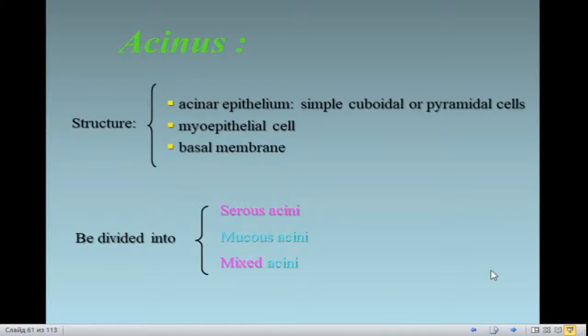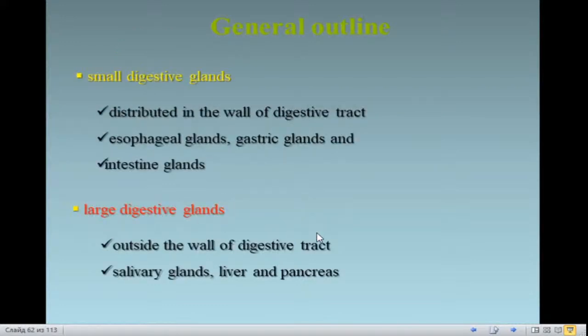Acinus in a gland means the small part which produces the substance. And its structure is acinar epithelium or myoepithelial cell and basal membrane. And according to structure, they are divided into serous acini, mucous acini, and mixed acini.